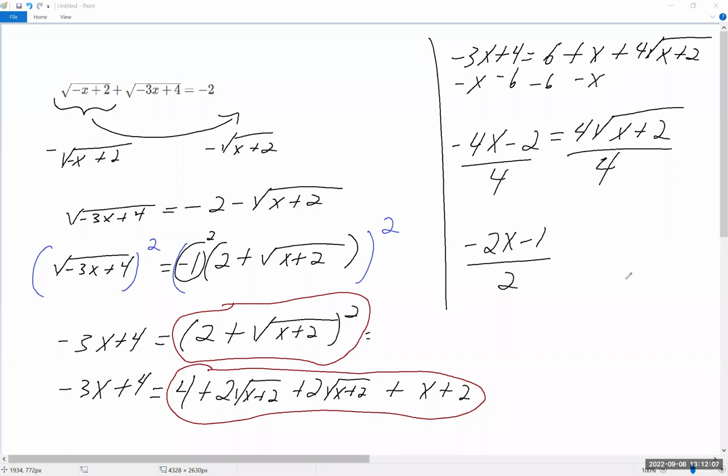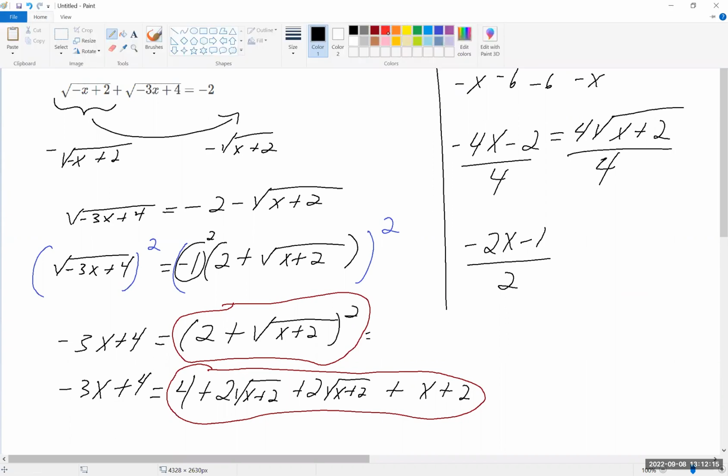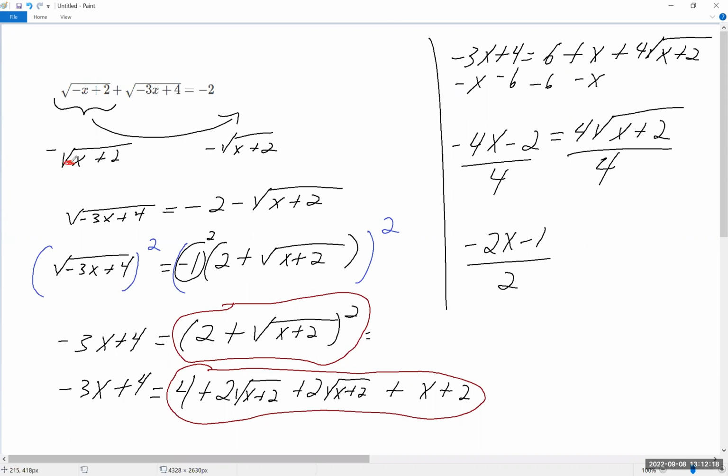Okay, so there was something that was brought to my attention, and it's actually way at the beginning. This minus sign, I didn't bring it over. So that should be kind of everywhere. And it is going to cause, yeah, so it's going to be in here, which is over here.